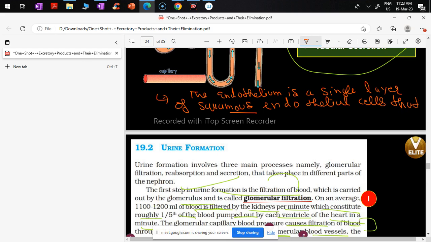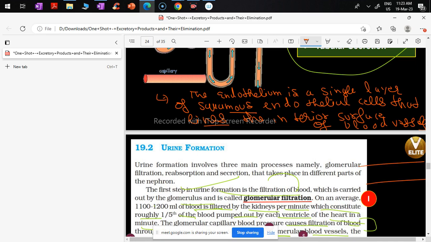that lines, which forms the lining, the interior surface of blood vessels. So I am giving you a simple example here.